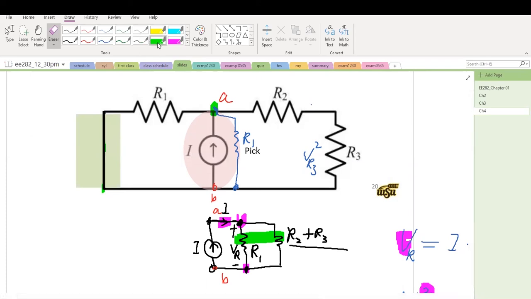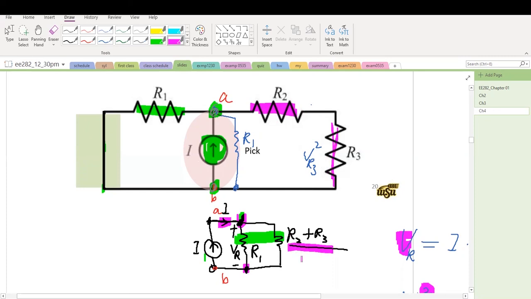Notice what is connected between point A and point B on the right-hand side of the current source: R1. Look at these two resistors, R2 and R3. They're in series, so I combine them together. R2 plus R3 is this resistor.